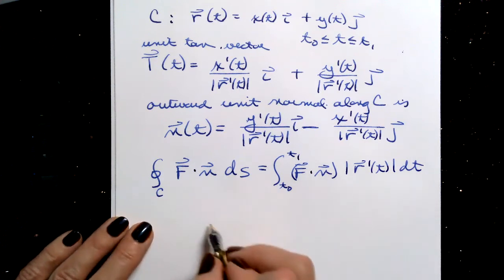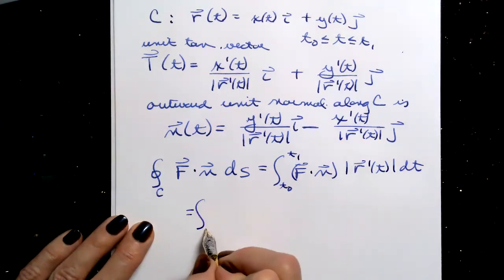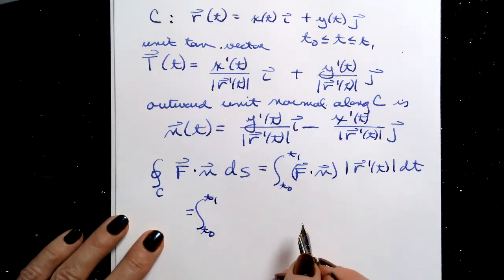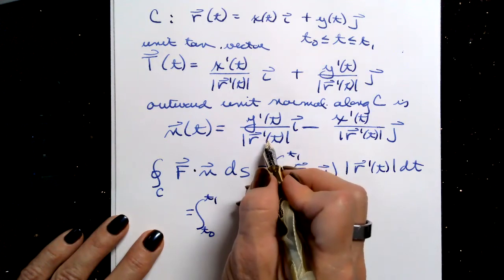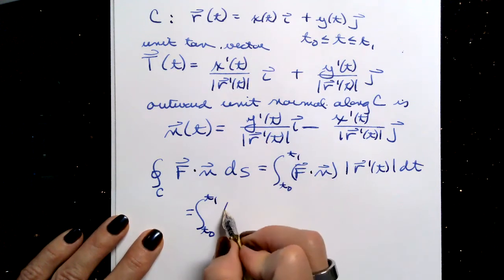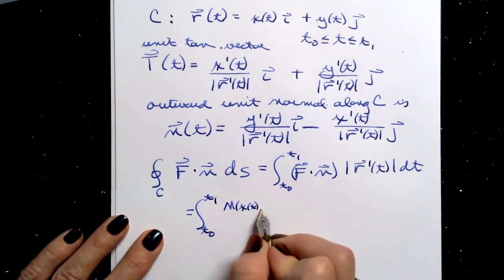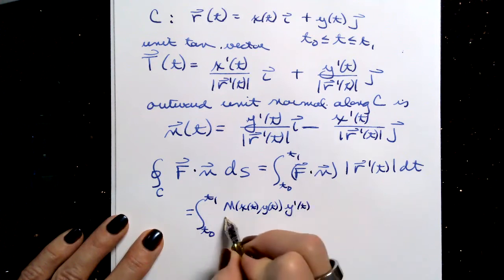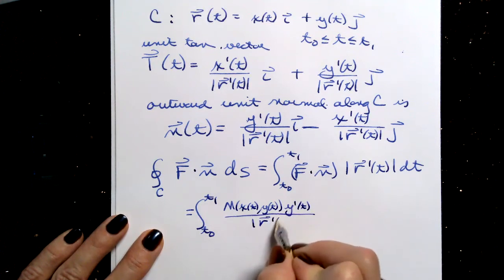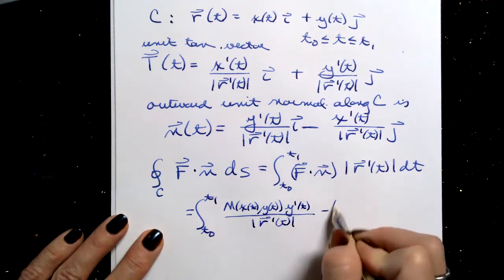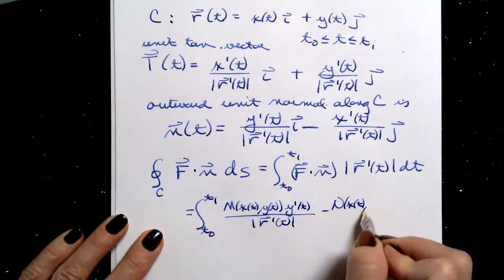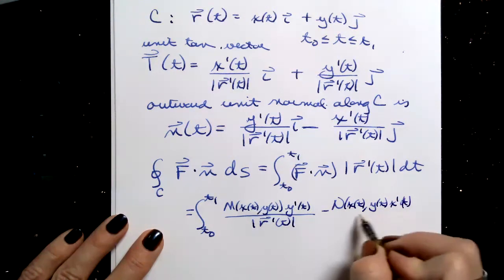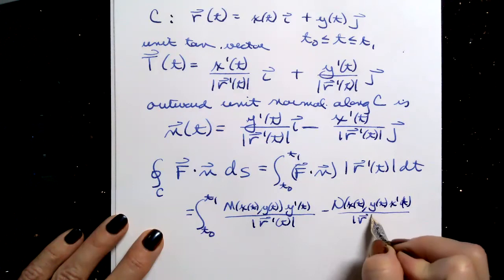Okay, so what is that written out? When you take f, whose components are m and n, and dot it with n, whose components are written right up in front of you, you get m of x(t), y(t), times y'(t) over the length of r'(t), minus n along the parameterization, times x'(t) divided by the length of r'(t).